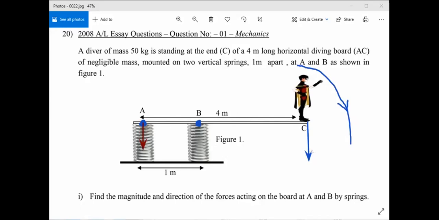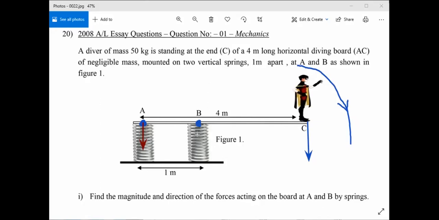When C is going to be moved downward, due to the weight of the boy, spring B will be compressed. So the length of the second spring will be reduced. When the length of the second spring is reduced, what will be the direction of the force given by spring B?